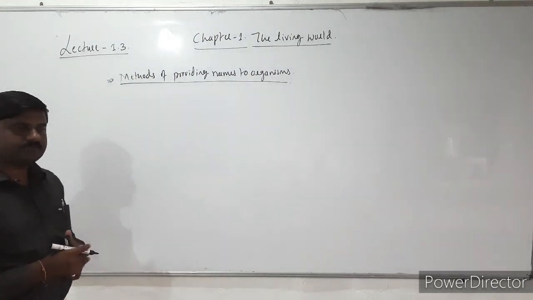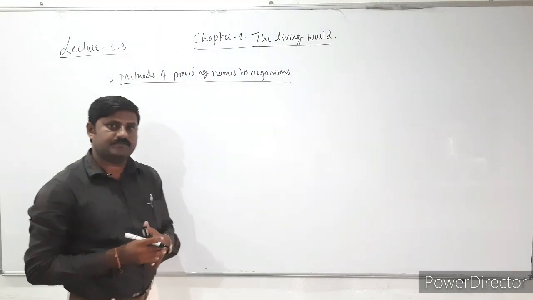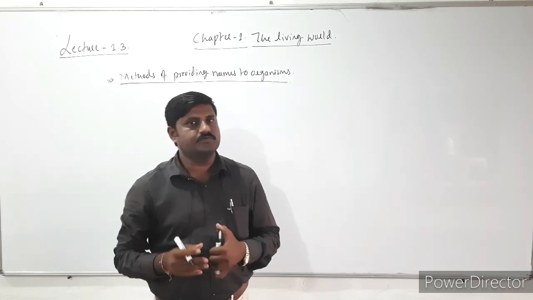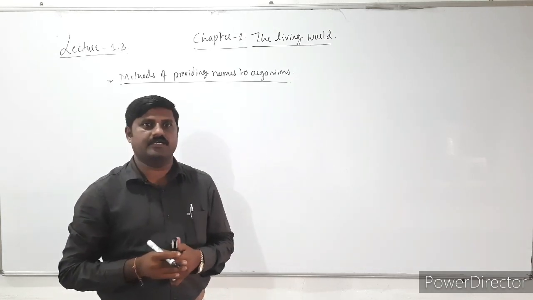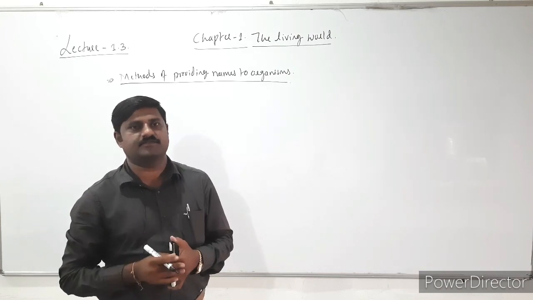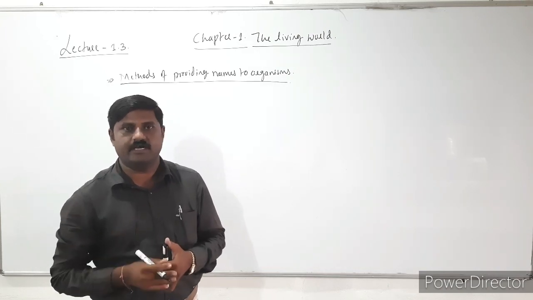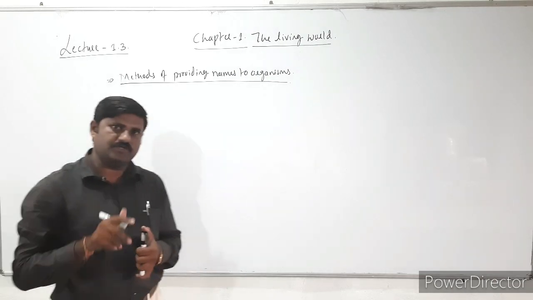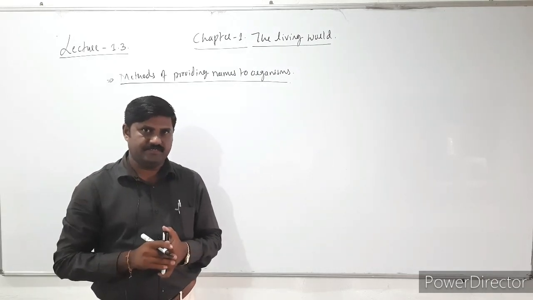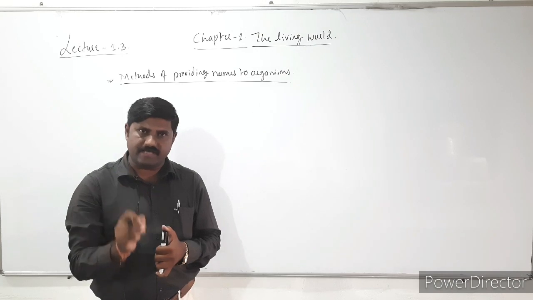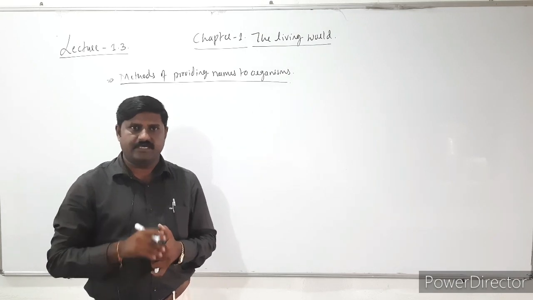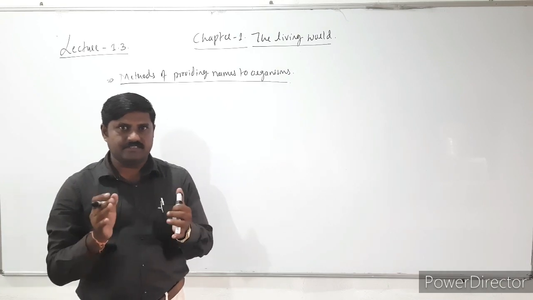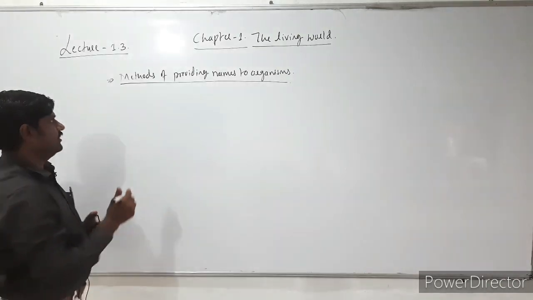And there are certain rules for giving a name to organisms like animals, plants, viruses, bacteria, etc. Right? So they are given two names, and sometimes three names. That is the fact we are studying now.